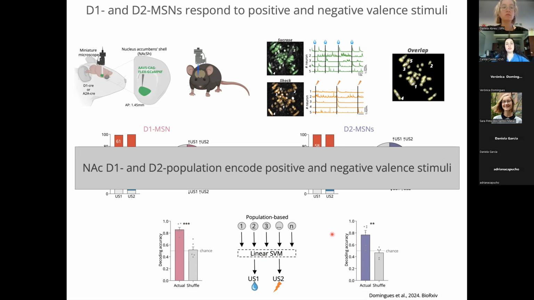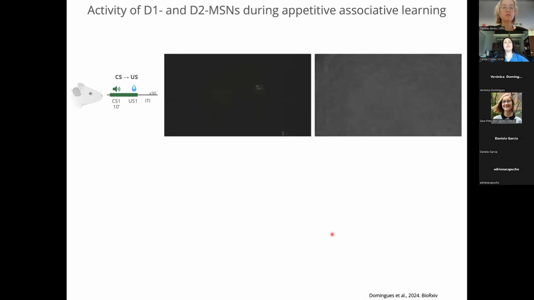I started by saying also that we are interested in associative learning. So what we did next was to expose the animals to an associative learning task, which is pretty similar to what I introduced in the beginning.